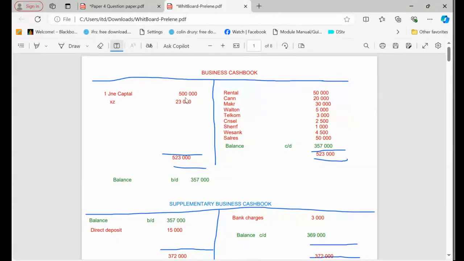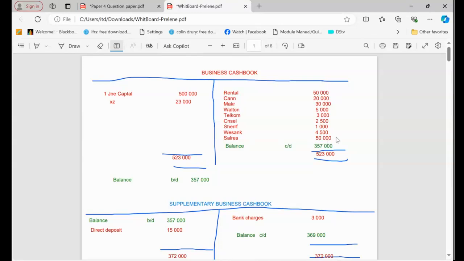Let's say 23,000 was not appearing on the bank statement. The 23,000 was supposed to be our deposit. Are you with me? Yes. Now I was trying to find outstanding EFTs.